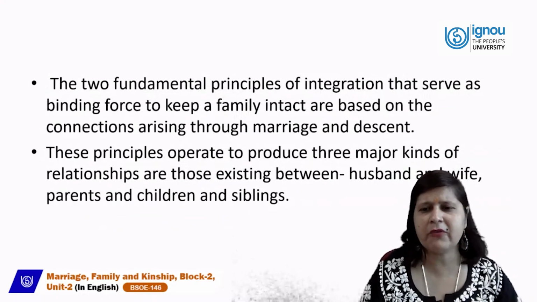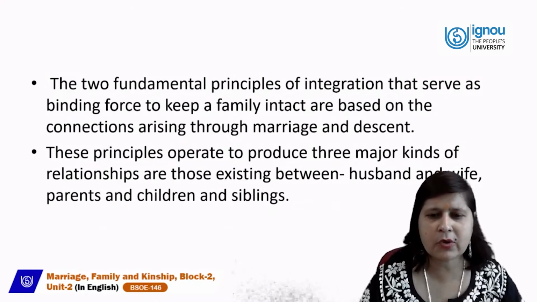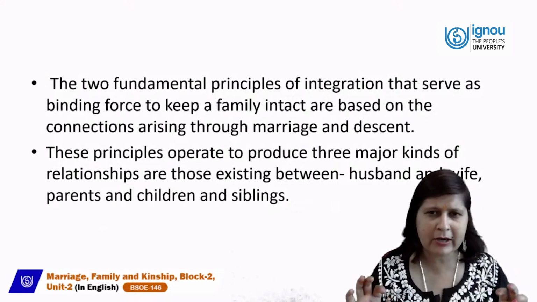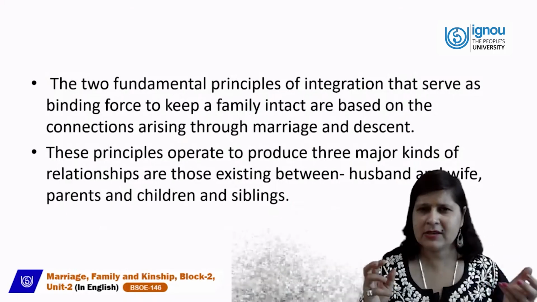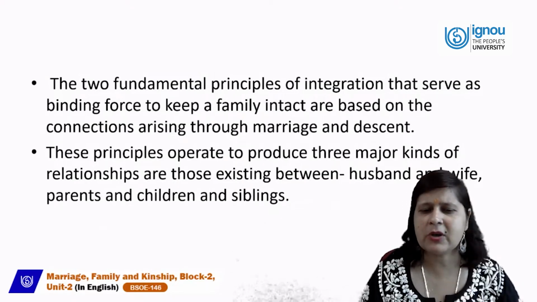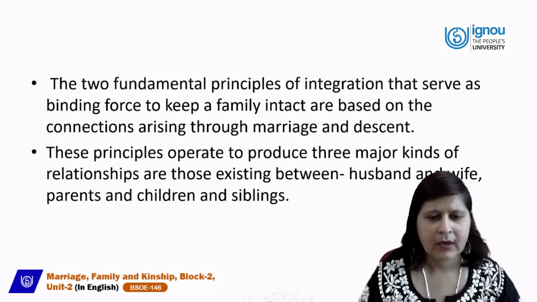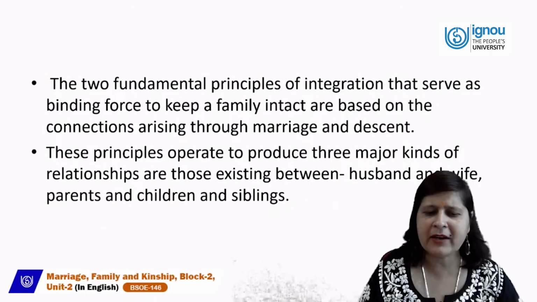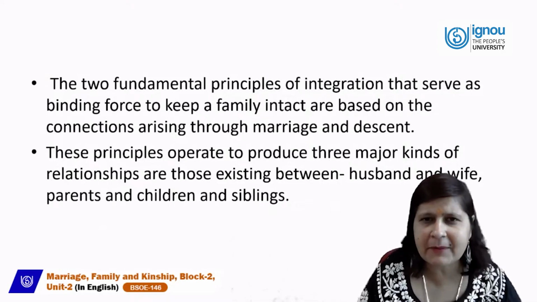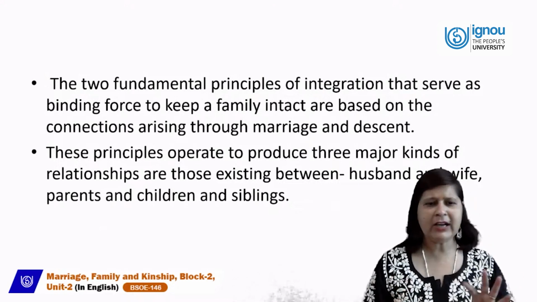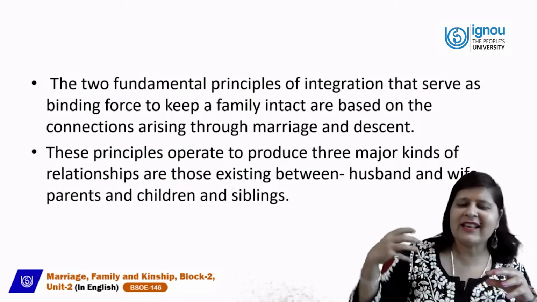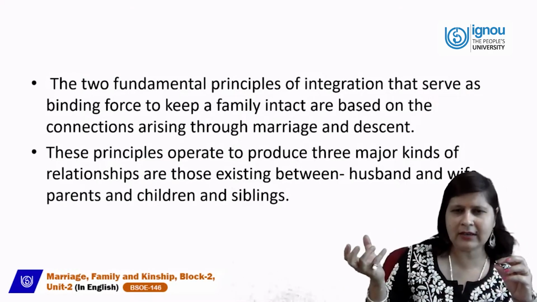The two fundamental principles of integration that serve as a binding force to keep the family intact are based on the connection arising through marriage and descent. So we can discuss the family on the basis of marriage or on the basis of the descent group.